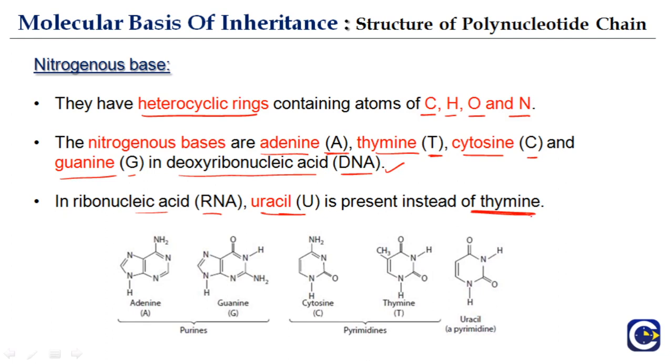You must remember this, that in RNA, uracil is present instead of thymine. These nitrogenous bases are heterocyclic rings. There are a total of 5 of them, but in DNA, only adenine, thymine, cytosine and guanine are there. In RNA, uracil is present instead of thymine, and then adenine, cytosine and guanine are there.